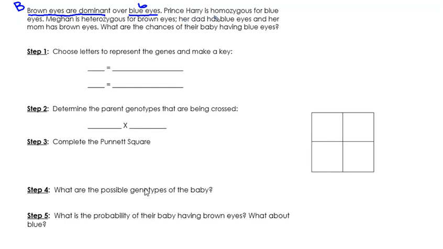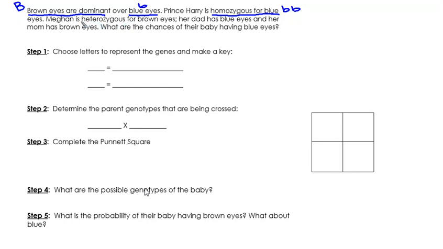Prince Harry is homozygous for blue eyes. Homozygous, the prefix homo means two of the same kind. So he has two lowercase b's as his genotype. Meghan is heterozygous for brown eyes.